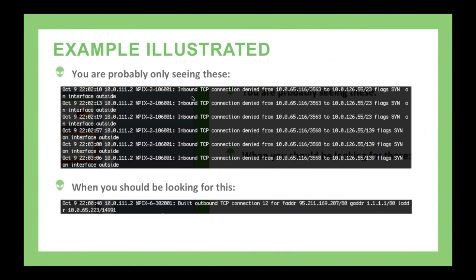So if we dissect this event for a minute, one of the things you'll see is this string right here, %PIX-2-106001. There are a couple of interesting bits of information in this little string. First, the %PIX lets us know that this is a PIX firewall sending us this log data.